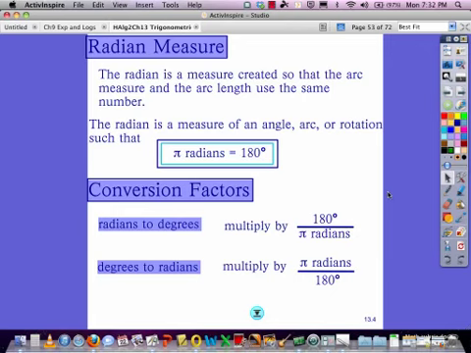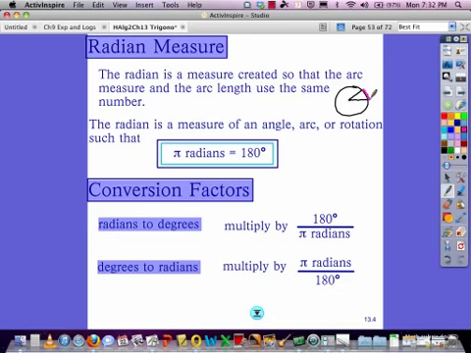So when someone was measuring the arc on the circle, here's our center and there's our radius, and we wanted to know what is that arc length, which is that part here. That came in one measurement, and the degrees of the angle were different. And so someone said they wanted to do it so that it would be equivalent.